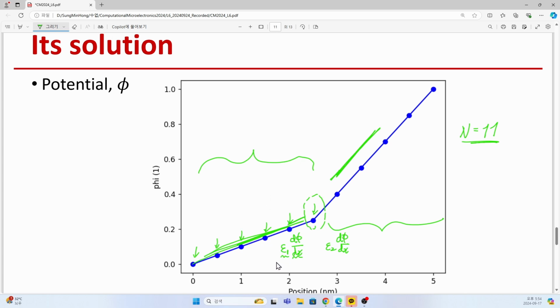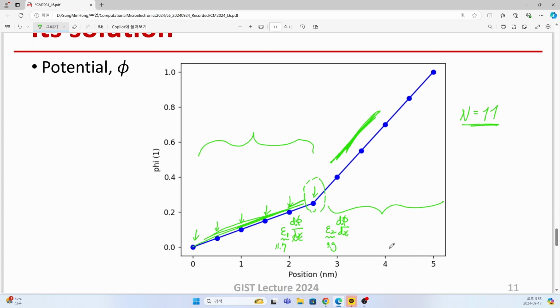Since one has much higher permittivity and the other has much lower permittivity, this corresponds to the steeper part, with a gradient 3 times steeper in this second layer.